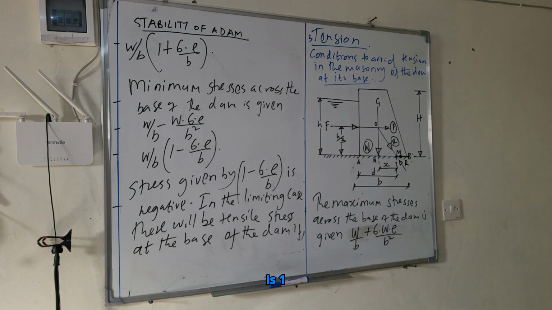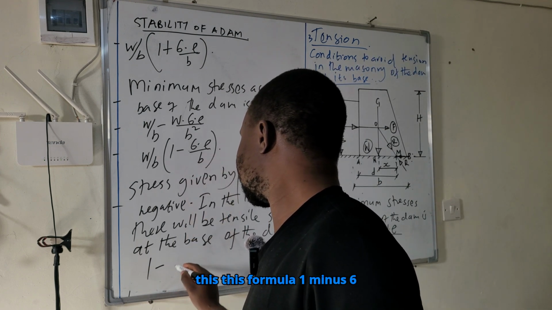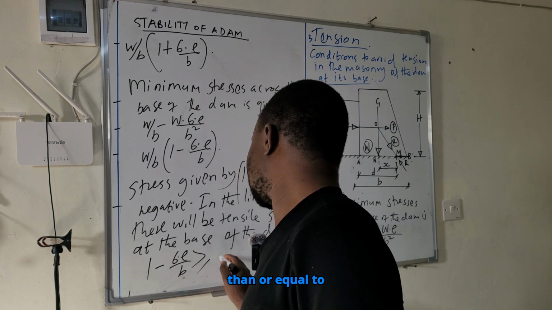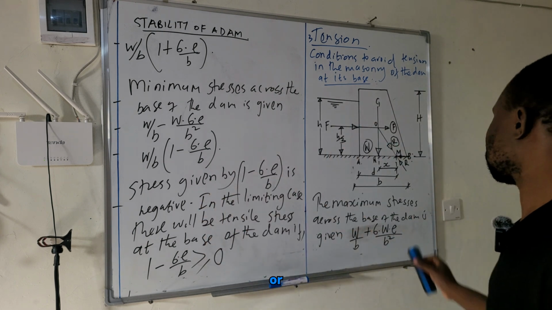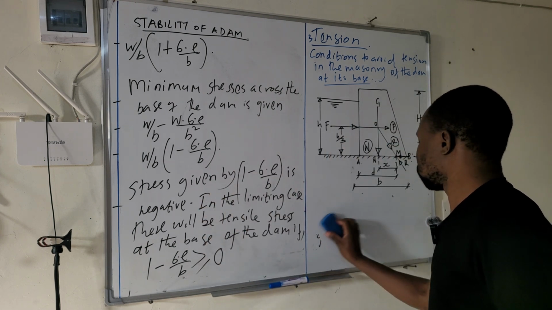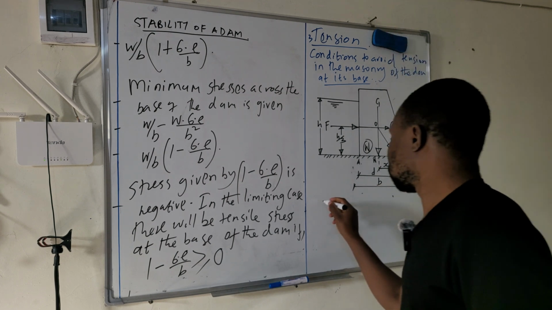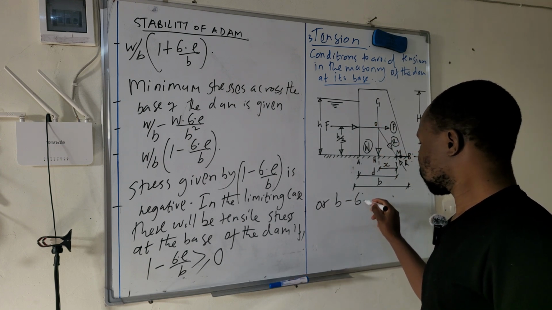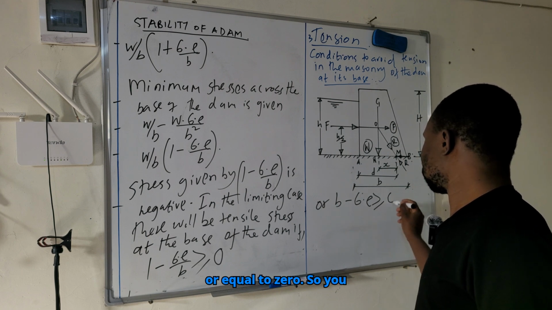if this formula 1 minus 6E over B is greater than or equal to 0, or B minus 6E should be greater than or equal to 0.